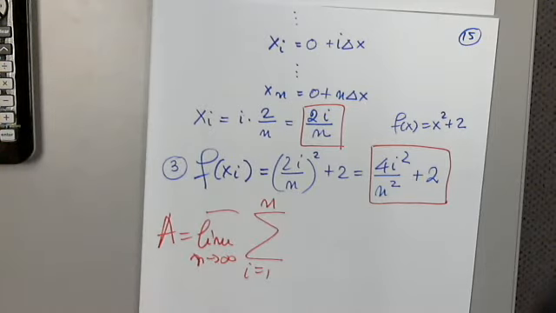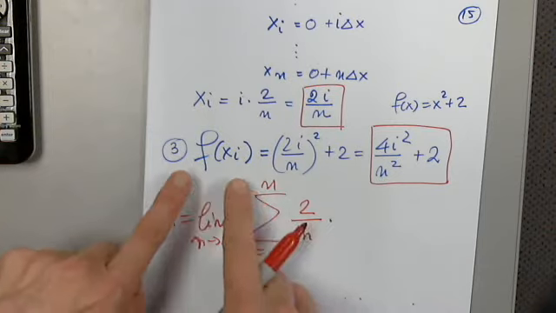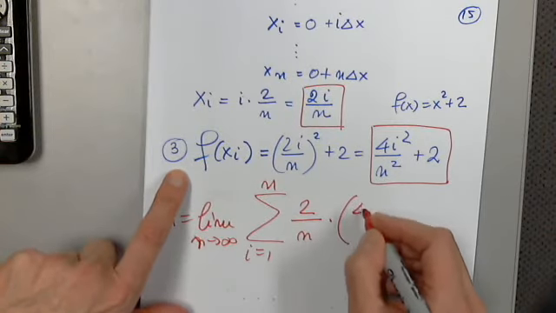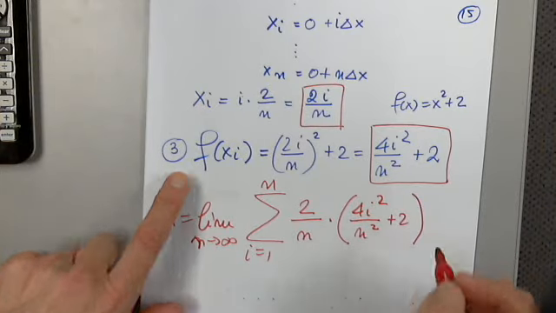I should have put delta x in front, but that's okay. I'll take it out in a minute. What is delta x? Awesome, 2 over n, multiplied by f of xi in parentheses, 4i squared over n squared plus 2.